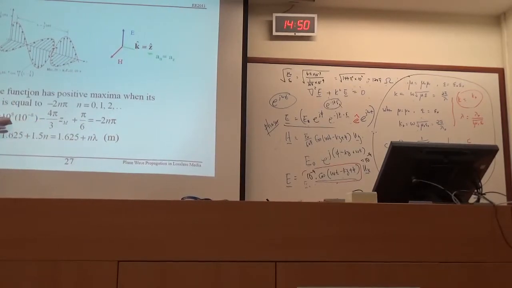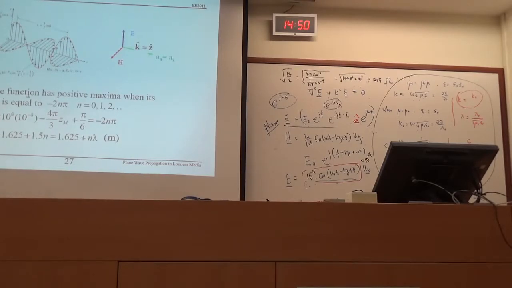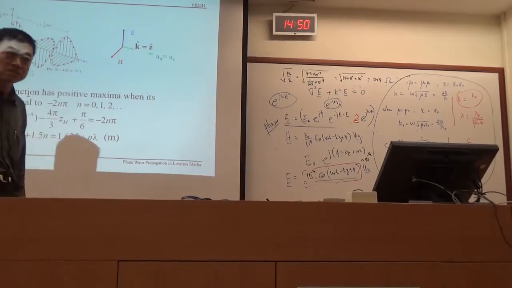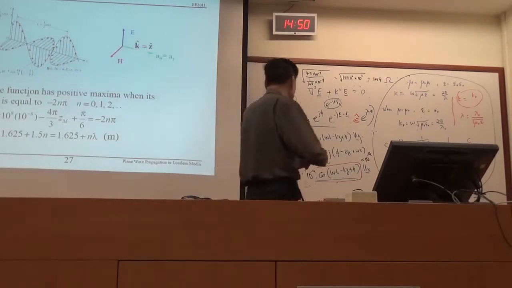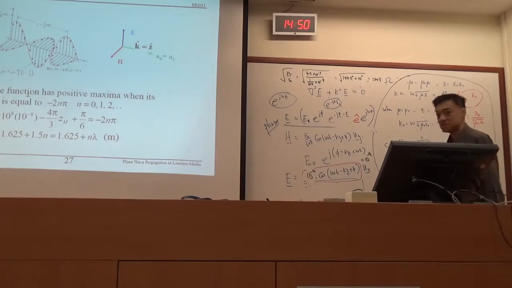Now, this is a small value, so negative equal to positive means your Z will become a negative value. So if you put 2n pi there, all your solutions, there's nothing wrong, because this is your time t equal to 0.